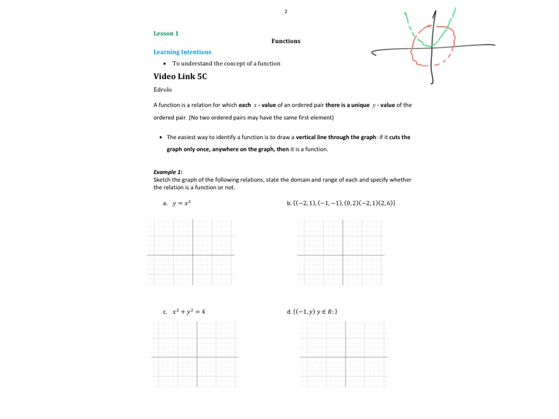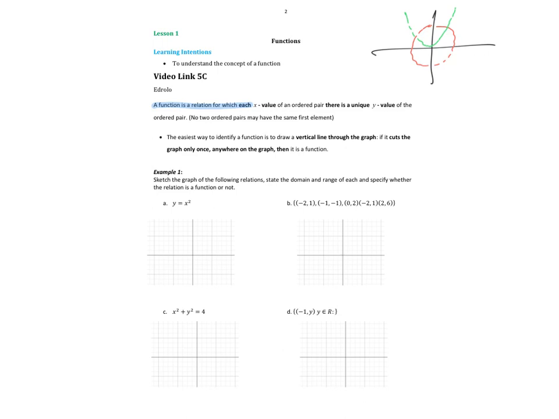What we want to do now is look at specific kinds of relations. And one of those specific relations is what we call a function. A function is a relation that has only one unique y value that it maps to, which is jargon talk.